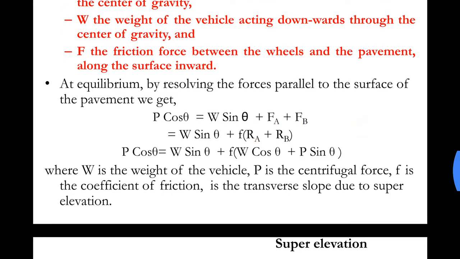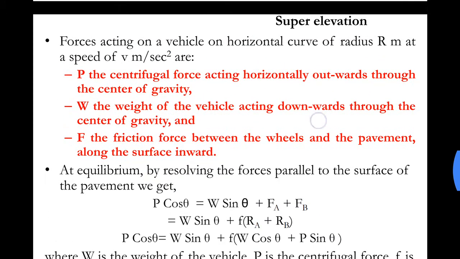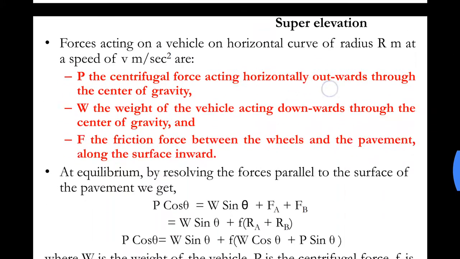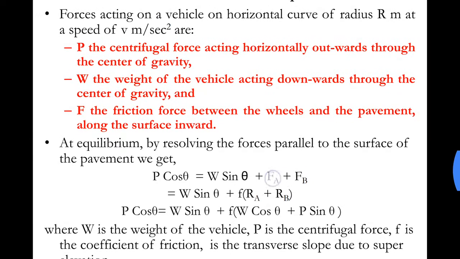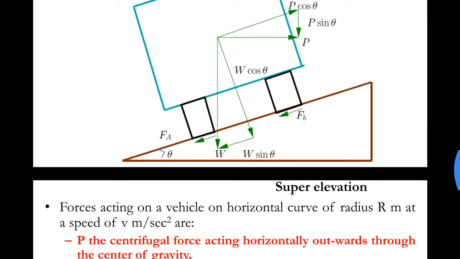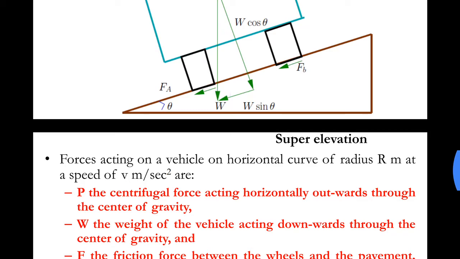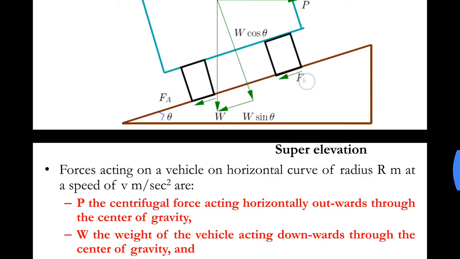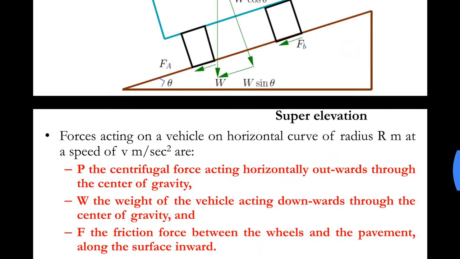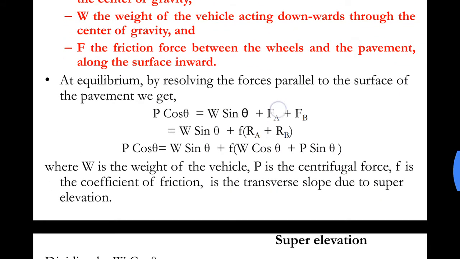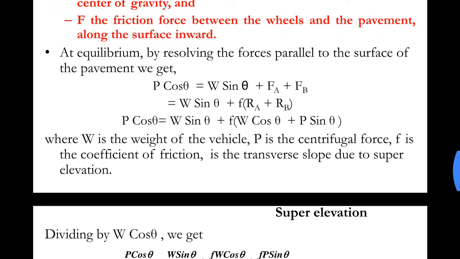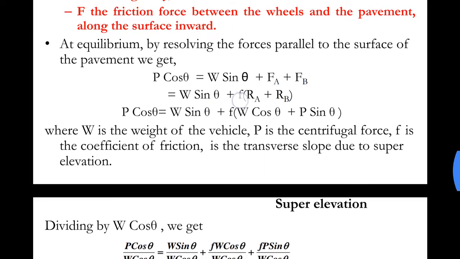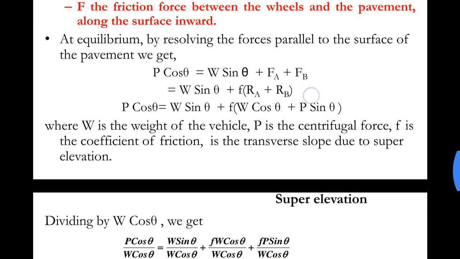As we already used in a previous lecture, Fa, the frictional force at A, can be written as the coefficient of friction f into the reaction at A, and similarly Fb is f into Rb, the reaction at B. Hence we can write Fa equal to f into Ra, and Fb equal to f into Rb. Taking f common, we get W sin theta plus f into Ra plus Rb.